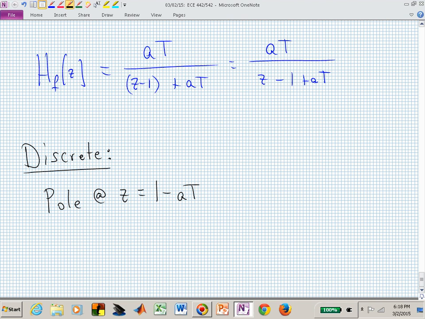It's near 1 if A and T are both small, but it's inside the unit circle, isn't it? And it's between 0 and 1. And where it is between there will depend on what A and capital T are. Do you have any finite zeros? Any Z values that cause that H of Z to vanish? No, so there are no finite zeros.